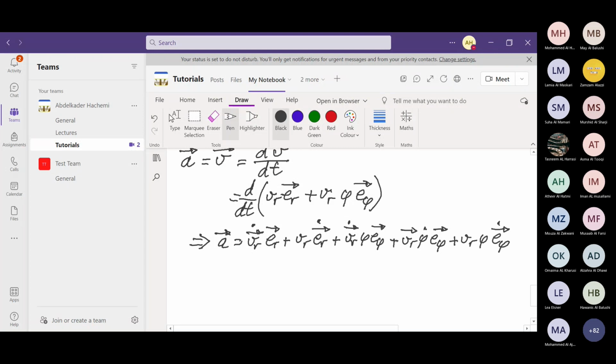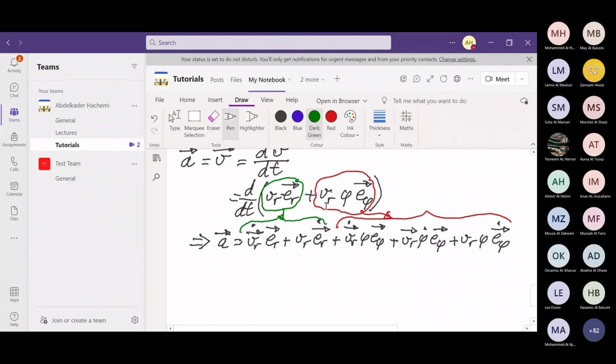Then to simplify or explain it, this term by time derivative gives these three terms here, and the first one gives this part here. If we make the time derivative of the first terms, we get the first and second terms.